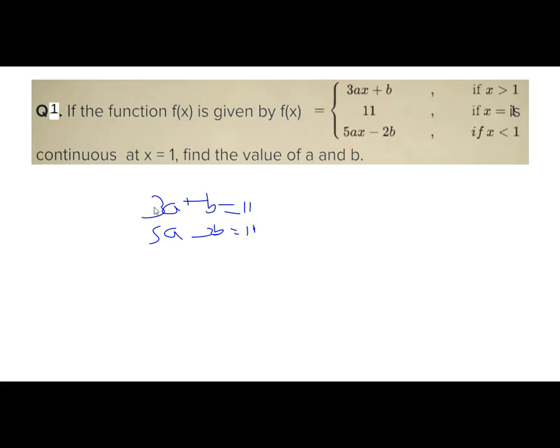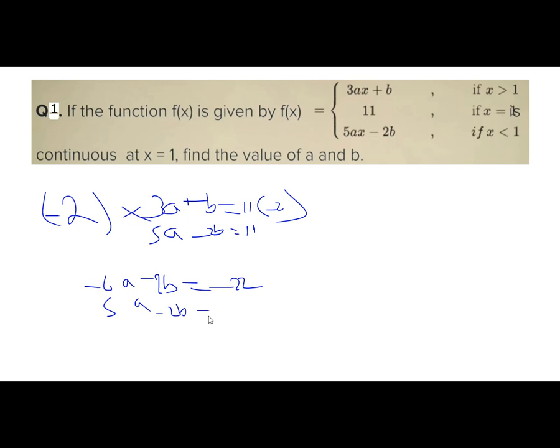I want to multiply the very first equation by minus 2 on both sides, which results in minus 6a minus 2b equals minus 22, and here 5a minus 2b equals 11.